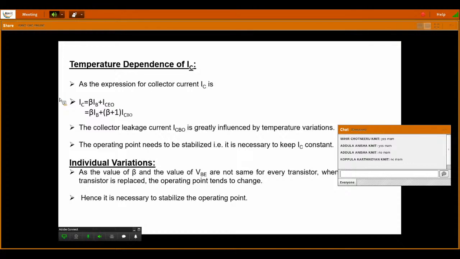influenced by your temperature variations. As in your PN junction diode, when I am applying a great amount of reverse bias voltage, the junction temperature increases.